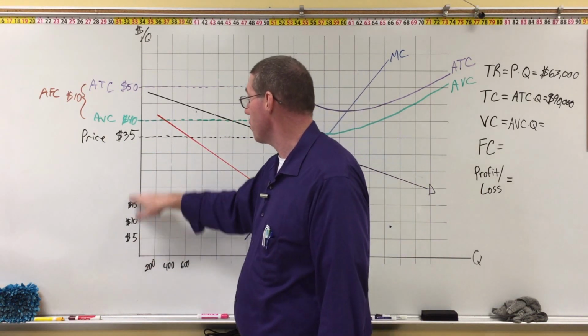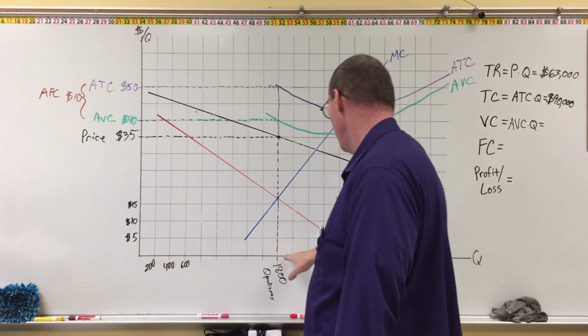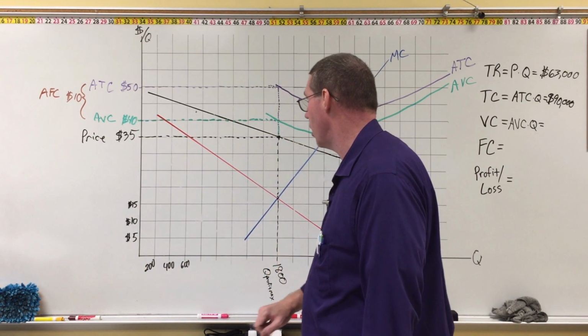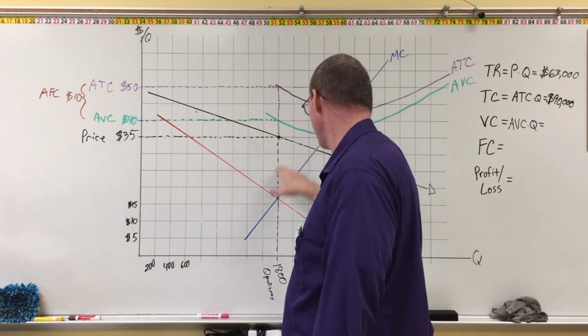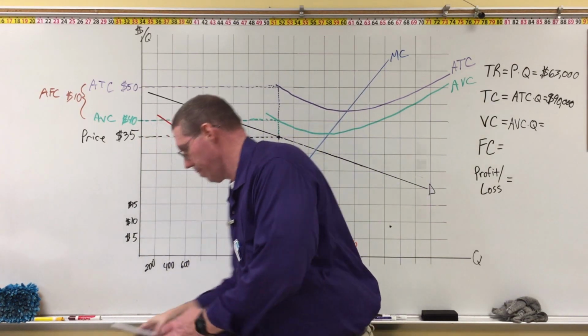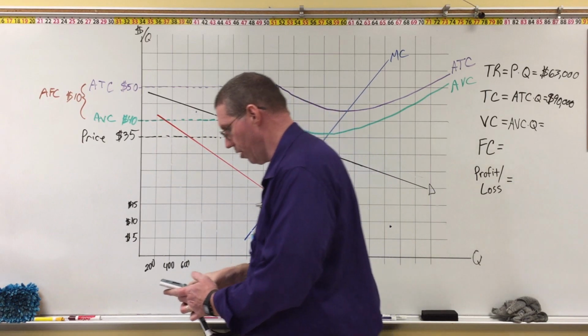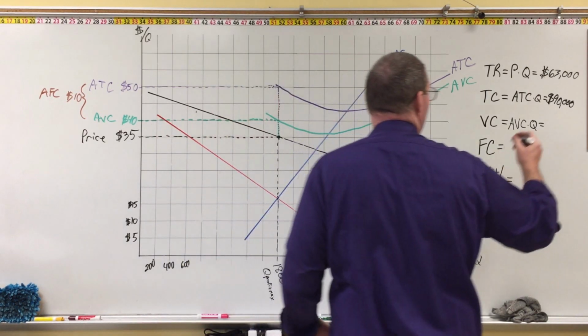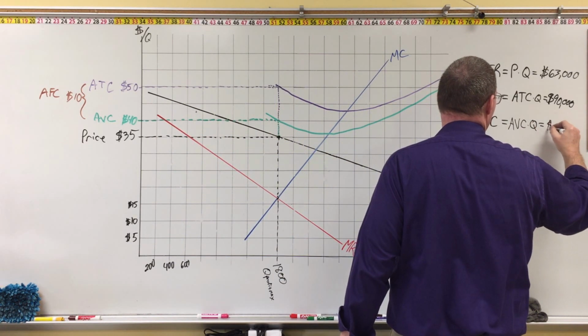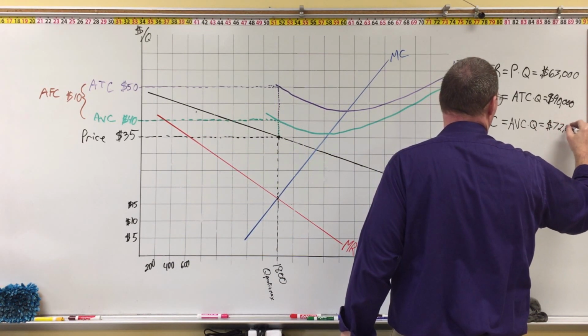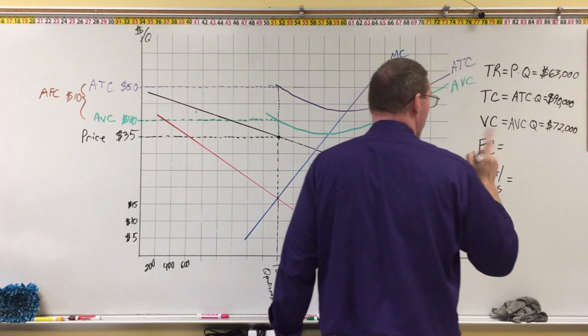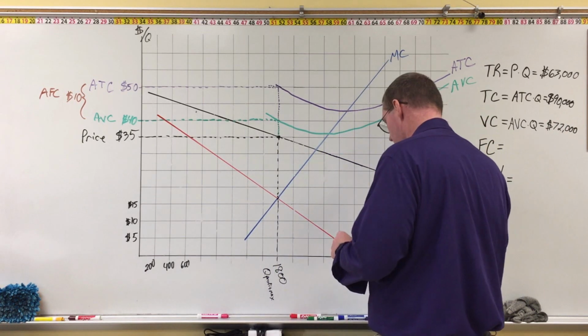So average variable cost is 40 times the quantity, which is 1,800. So 40 times 1,800 is going to be $72,000. So the variable cost for this company at its profit maximizing quantity is going to be $72,000.